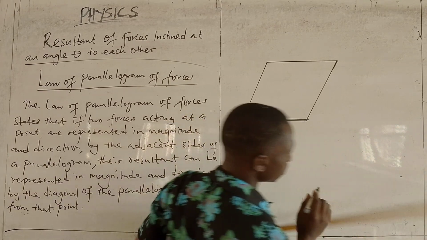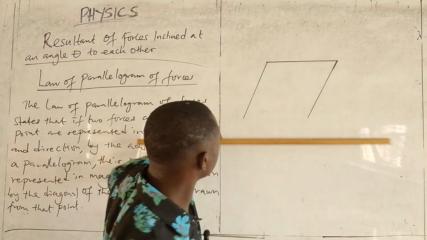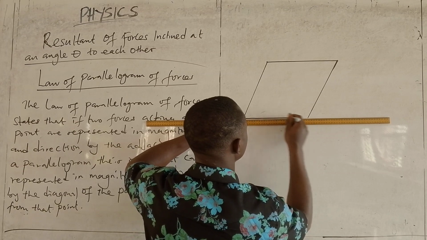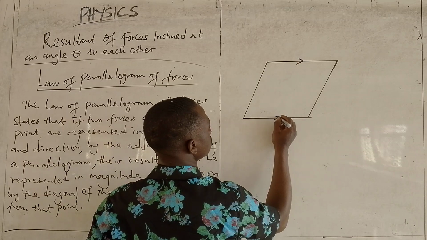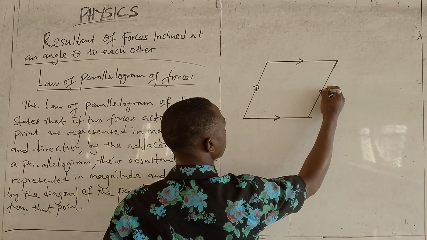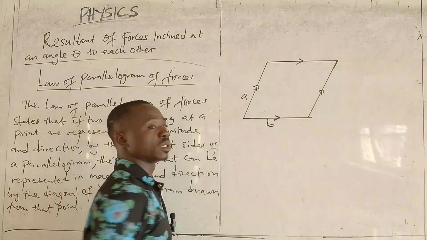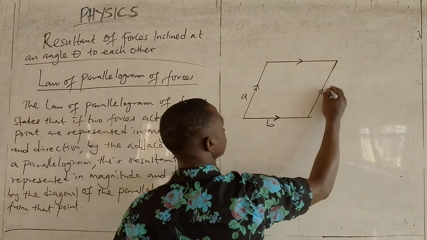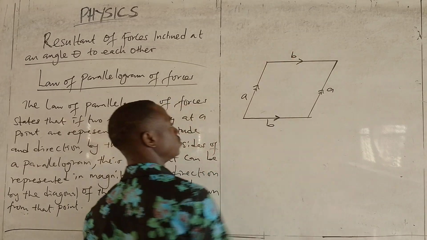So this is a parallelogram. This and this are parallel to each other, while this and this are parallel to each other. So if I call this one A, I call it what? B. So definitely, if here is A, the opposite side will also be A. Then if here is B, the opposite side will also be B. All right.